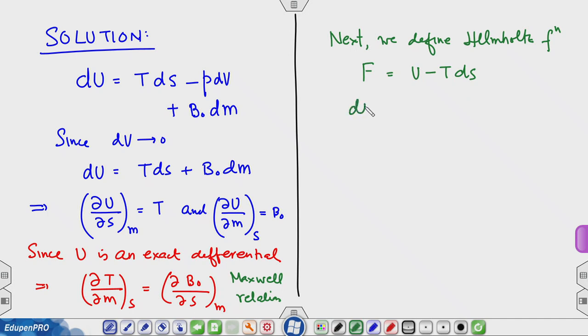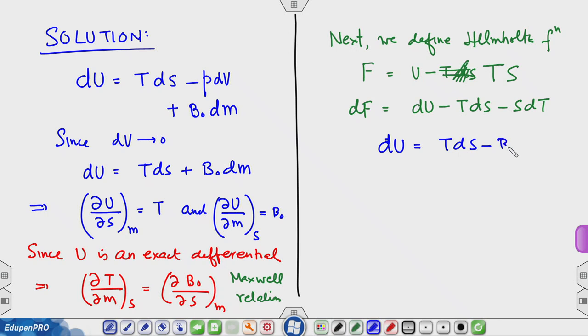So, df is going to be du minus T ds minus s dT. And du minus T ds is B 0 dm, because I have du equals T ds plus B 0 dm.